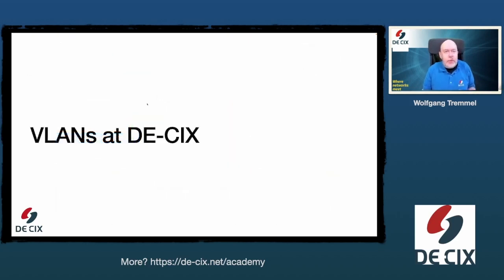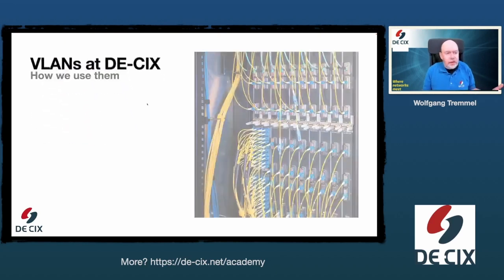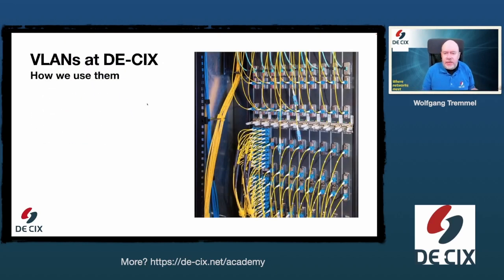Let's talk about what DKIX does with VLANs. We have these big devices connecting our customers. And the good thing is that VLANs can deliver multiple LANs on one port. We remember that I can have different broadcast domains, different Ethernet LANs on one port just by tagging them.